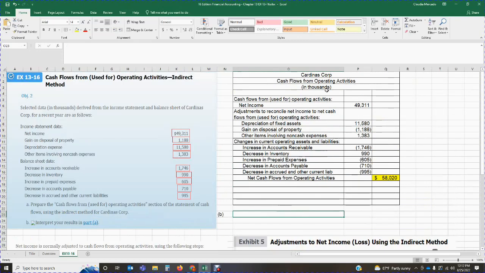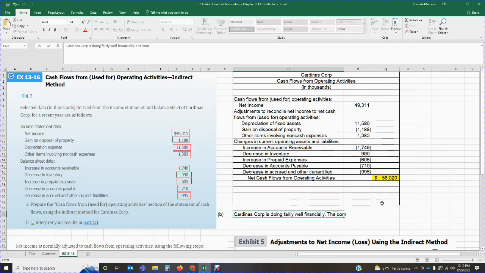So based on the statement of cash flows, the operating activity section, our cash flows, which means cash received, because it's a positive number, is $58,020. So we can say that Cardenas Corp is doing fairly well financially. Okay.